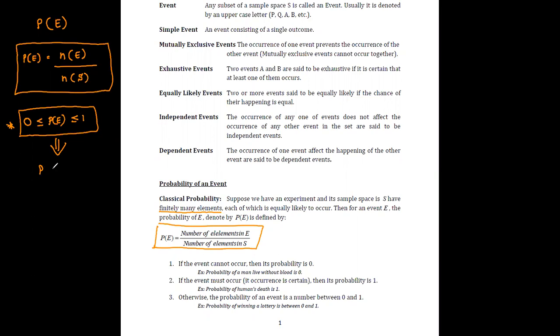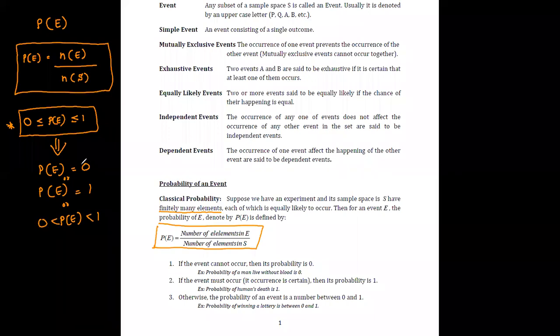The first part is the probability of this event equals 0, and then the probability of this event equals 1. The next case is the probability of this event being less than 1 and greater than 0. Since we can see these two equalities, we are including these two events in this inequality by using these equal signs as well.